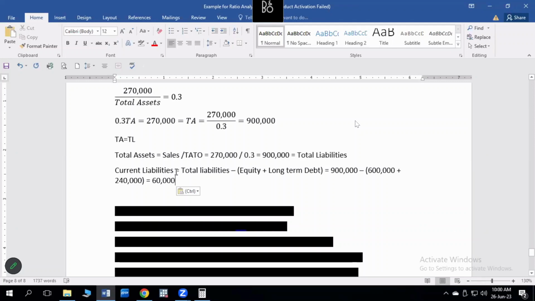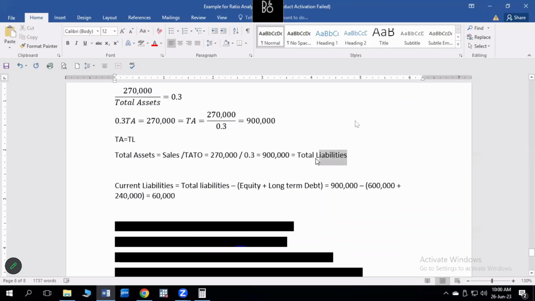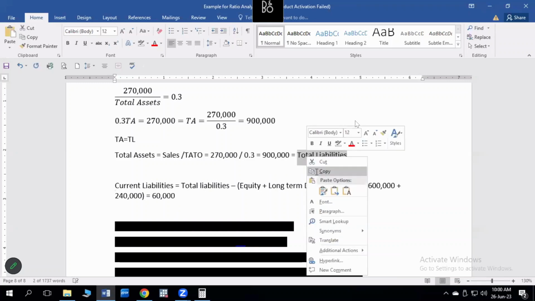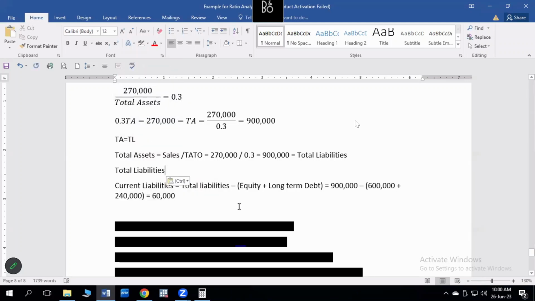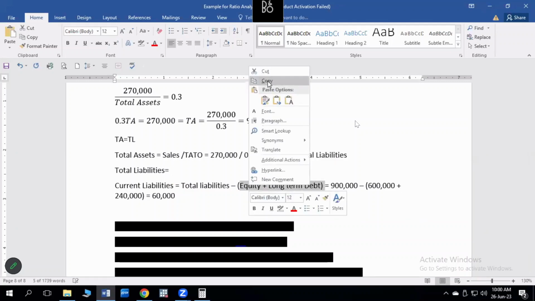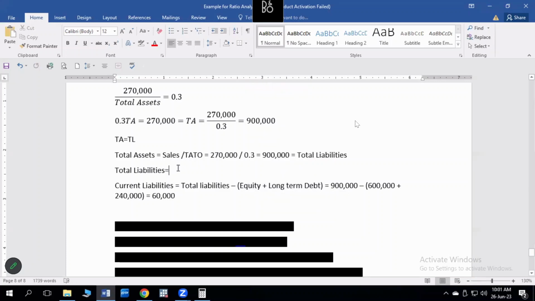So if you want to be clearer about that, you can write up the total liabilities is equal to this component: equity plus long term debt plus current liabilities.